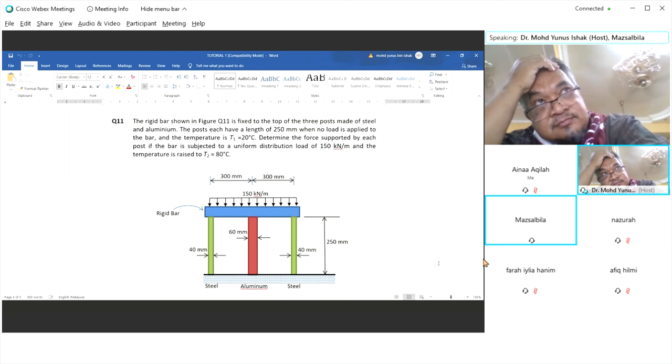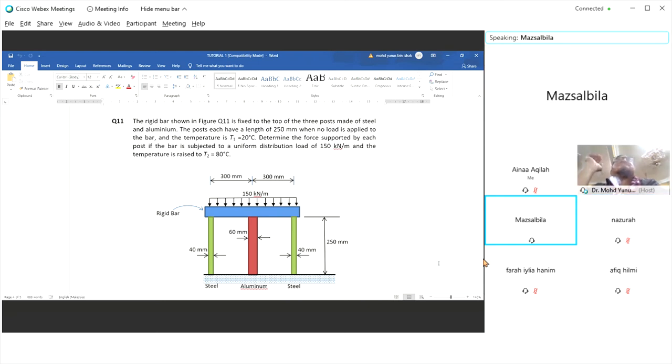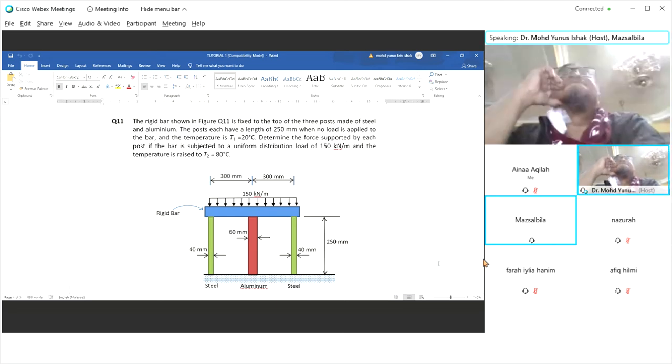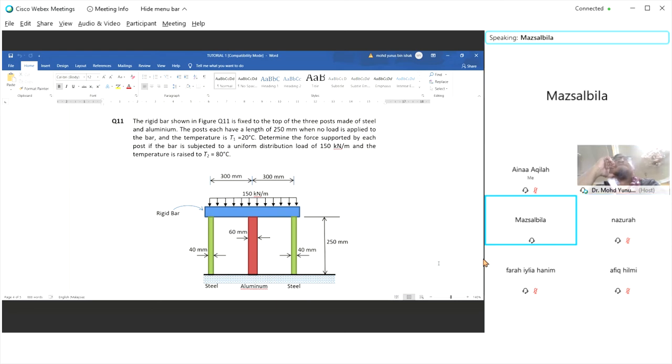The rigid bar shown in figure Q11 is fixed to the top of the three posts made of steel and aluminium. Post is column, eh? The posts each have a length of 250 mm when no load is applied to the bar and the temperature is T1 equal to 20 degrees Celsius.